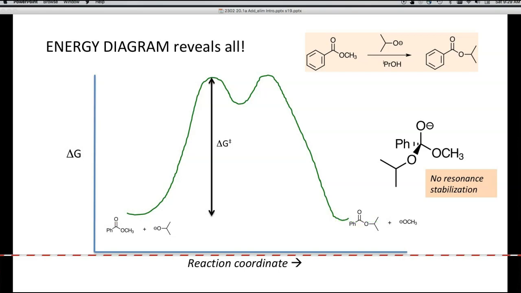So, the other thing we want to point out on the energy diagram is that this should go lickety-split. Okay, so our delta G double dagger for the second step is teeny, right? So this is fast. This is our rate determining step.